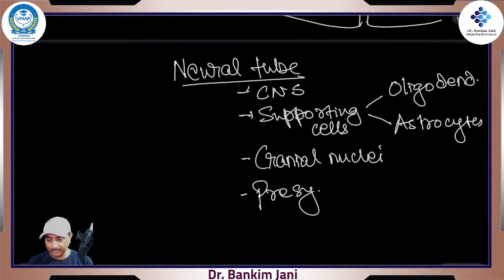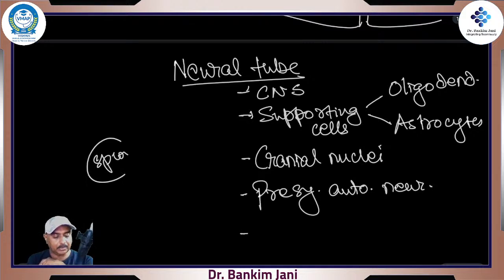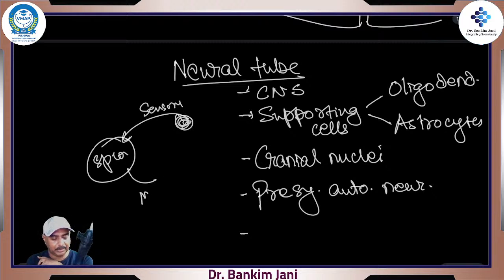Presynaptic, this we have already talked about. Presynaptic autonomic neurons, right? So that is also formed by the neural tube. One more thing. Say, in the spinal cord, we know that this part is dorsal, that is sensory, with the dorsal root ganglia, and this is motor, the ventral root.